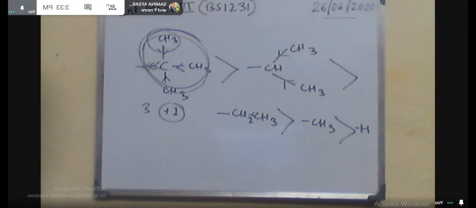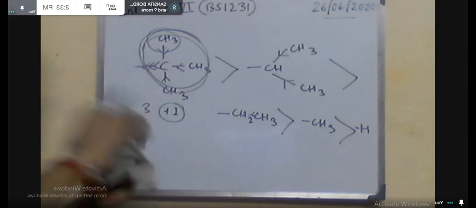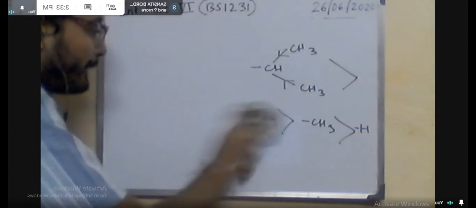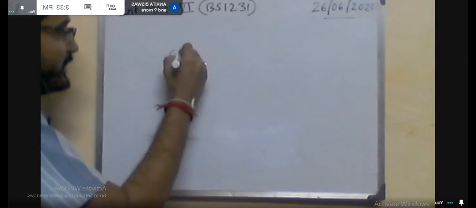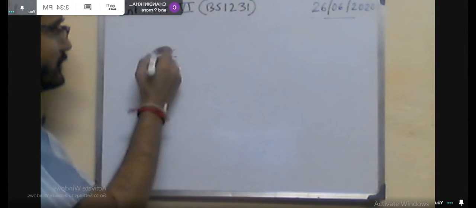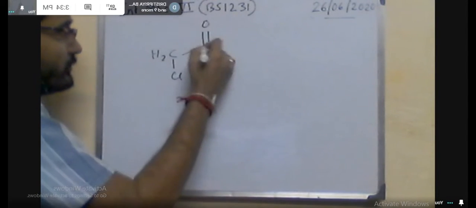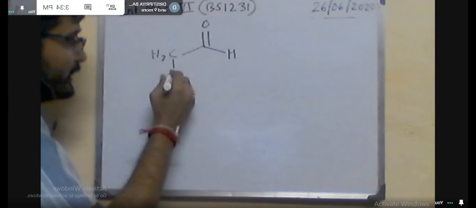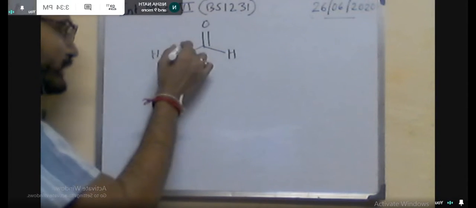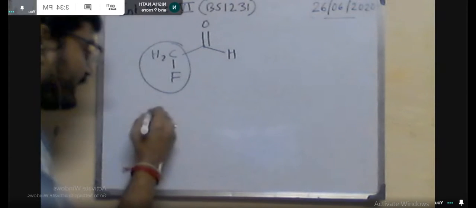Now in between these two cases, if I substitute one hydrogen by one fluorine we will get CH2F. So an electron withdrawing group is attached to this carbon. An electron withdrawing group means it has the minus I effect, strong minus I, because it is the most electronegative atom. So the electron density of this sigma bond will be less, so it can't be migrated. The only possibility is migration of this hydrogen.